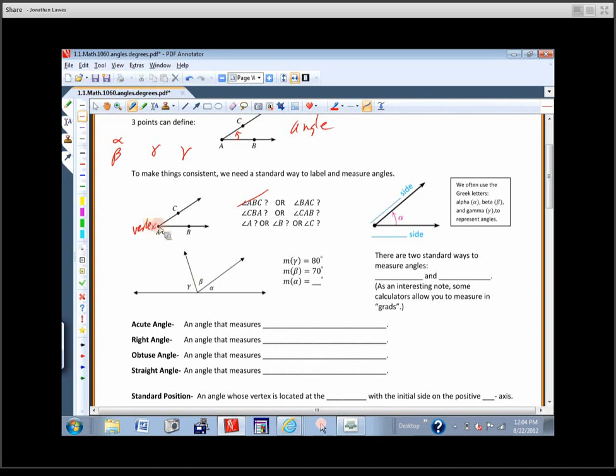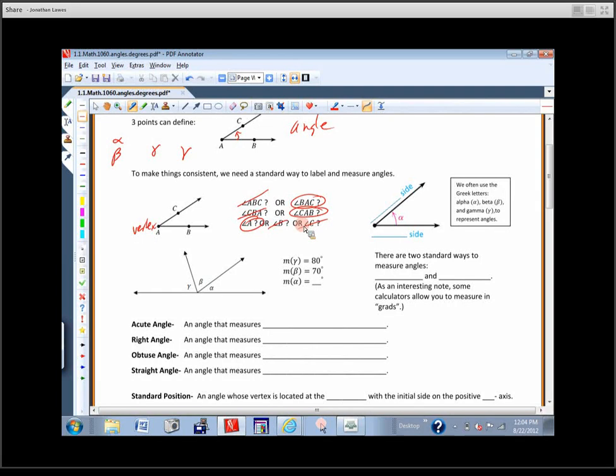That's got to be in the middle. So we've got to do BAC or CAB. So BAC works. This one doesn't work because that's in the wrong order. CAB works, it's just going the other direction. Which of these can we use here? It's got to be angle A because we name it by the vertex. Any one of those three is okay, the other guys are not.